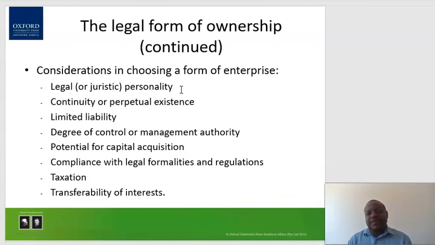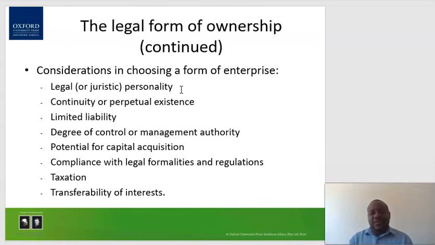But companies are actually regarded as separate legal persons. So one can actually choose whether they want to operate a business that is considered by law as a separate legal person. There are advantages for that. There are also disadvantages, maybe, but it's a decision that entrepreneurs need to make.